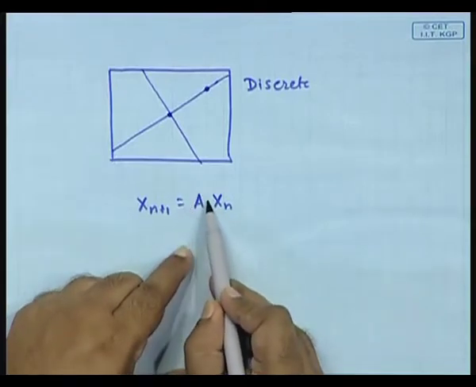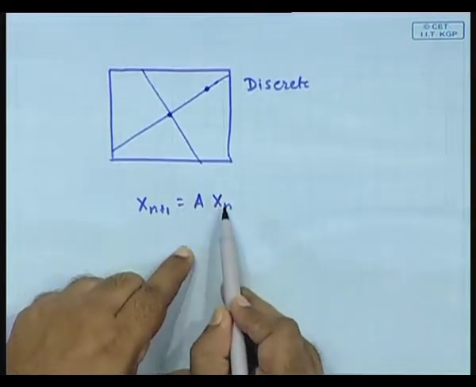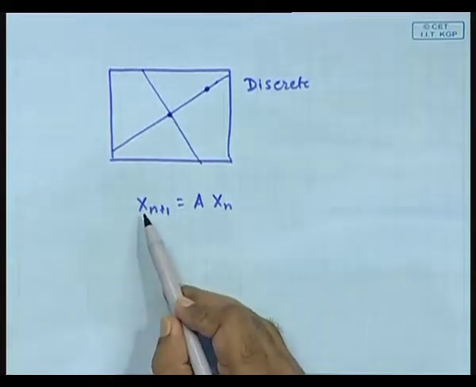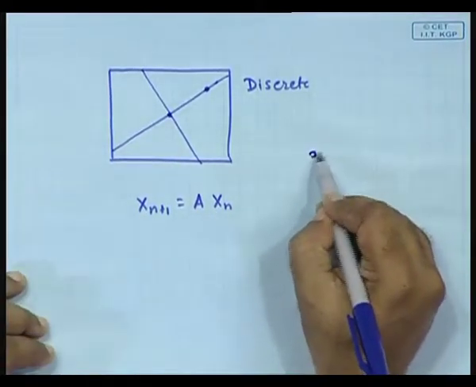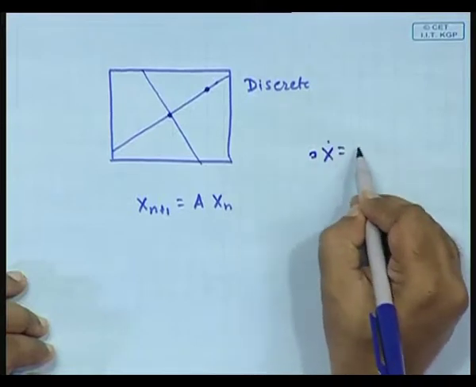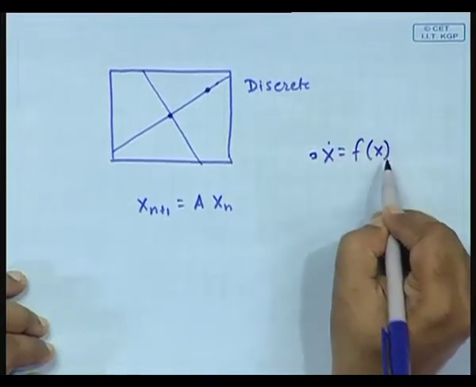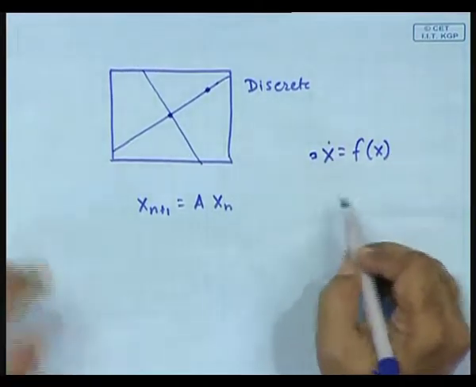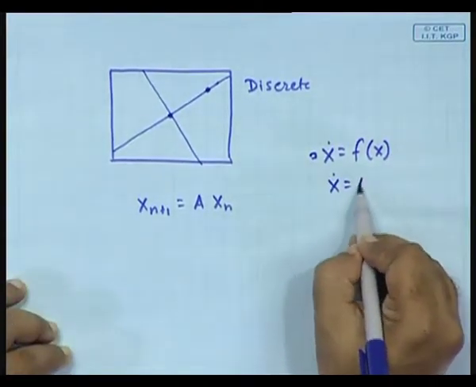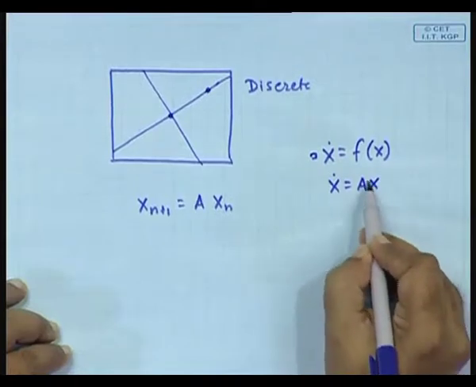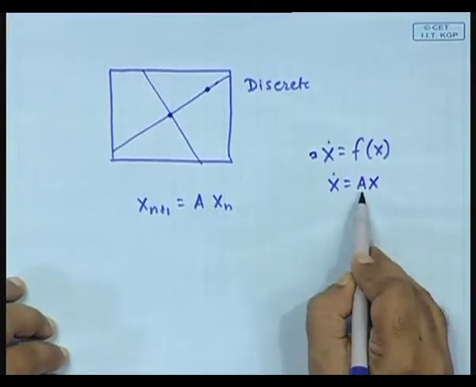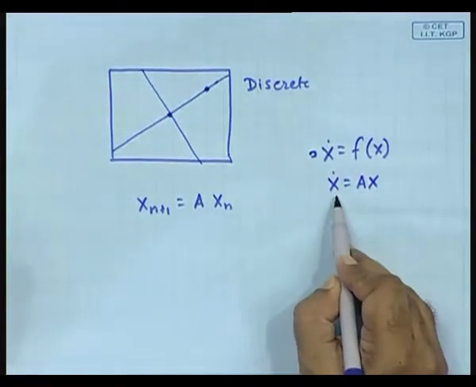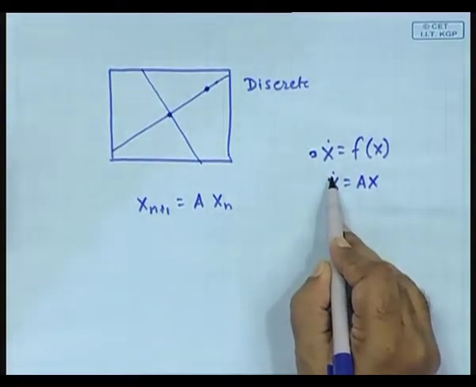A matrix operated on a vector is giving a vector. Earlier, when we were dealing with equations of this form, x dot is equal to f x, a continuous time dynamical system, then also this was true, x dot is equal to A x, and a matrix operating on a vector was giving a vector, but this vector was the velocity vector x dot.